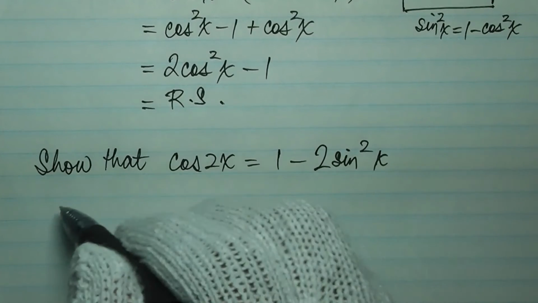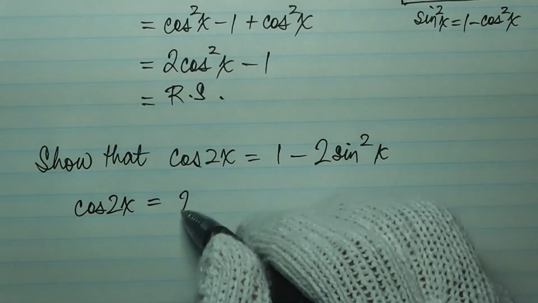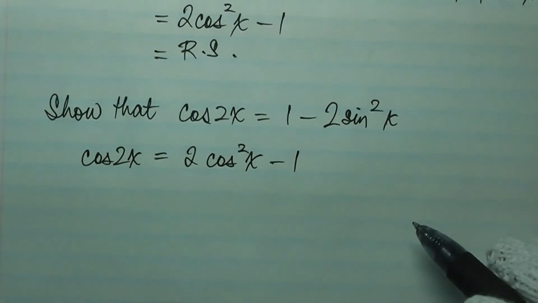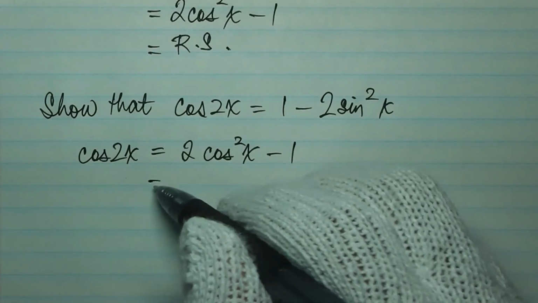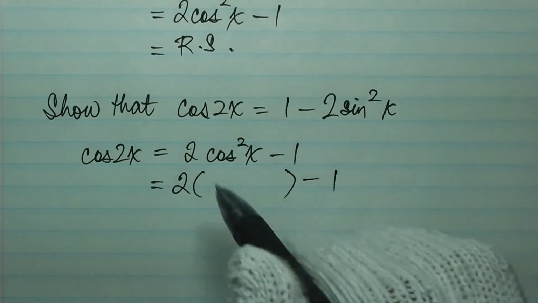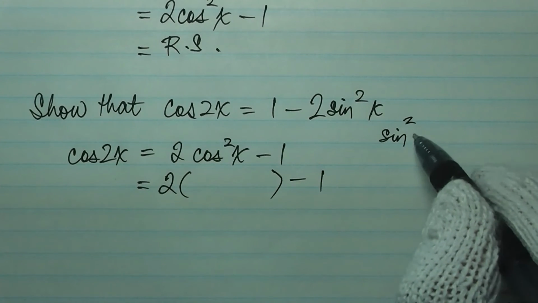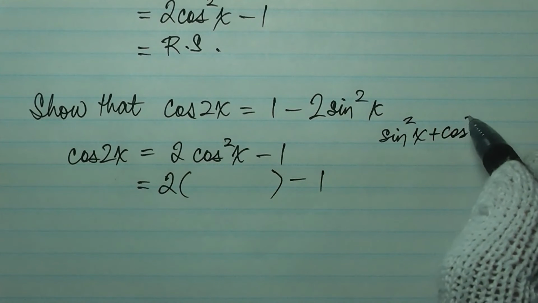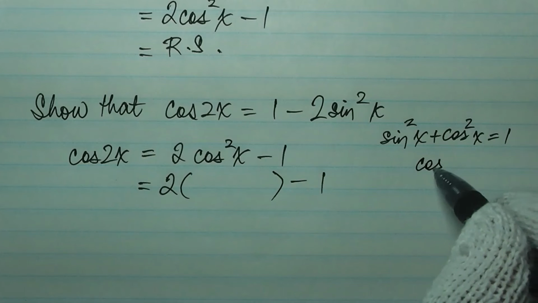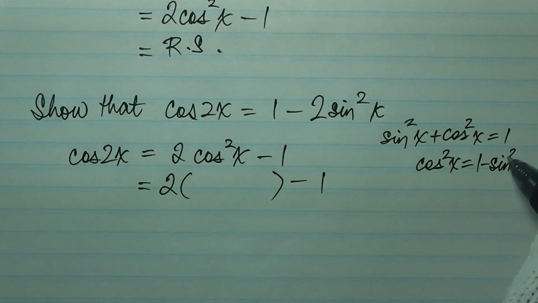We know from the previous example that cosine 2x is equal to 2 cosine squared x minus 1. And what I'm going to do is write 2, and instead of cosine squared x, since sine squared x plus cosine squared x is equal to 1, cosine squared x by itself is equal to 1 minus sine squared x.